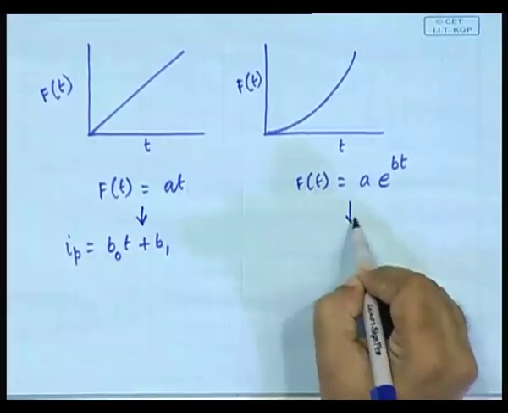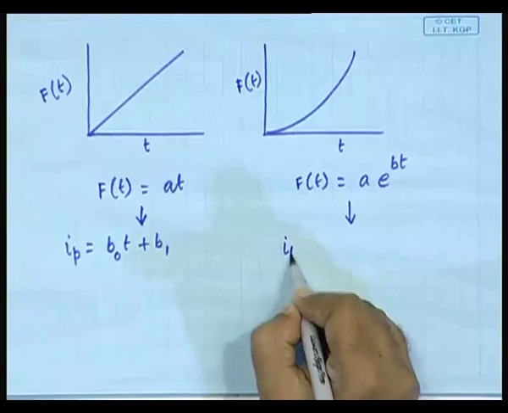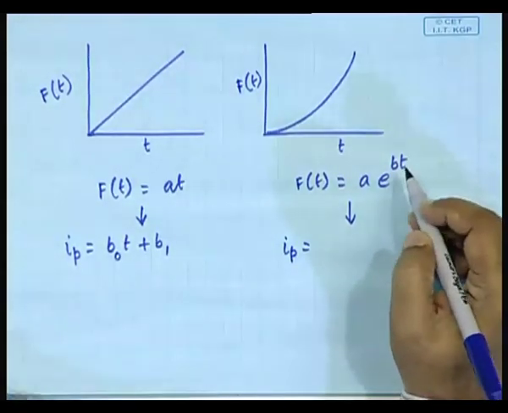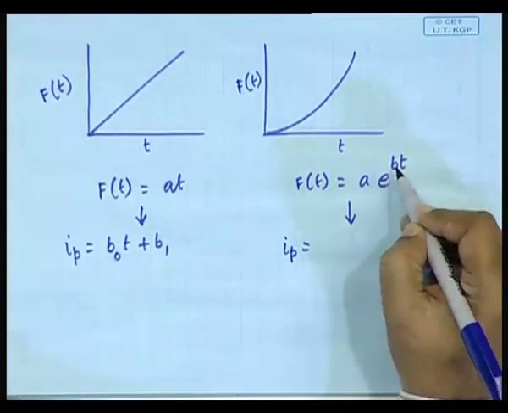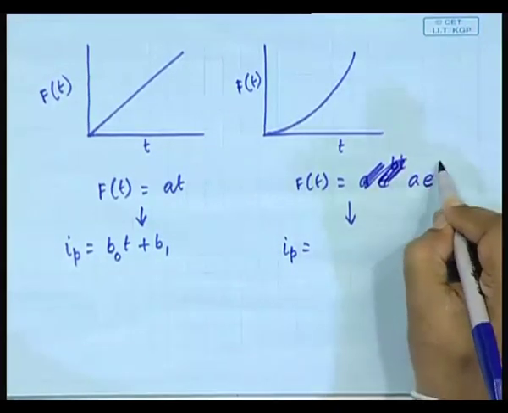In this case, how would you guess a trial solution? I will put the exponent as a e to the power alpha t.